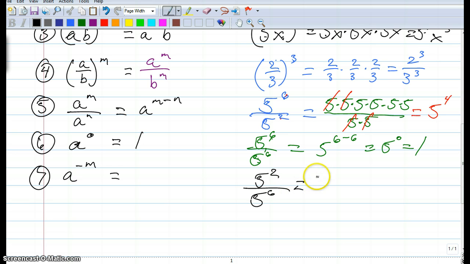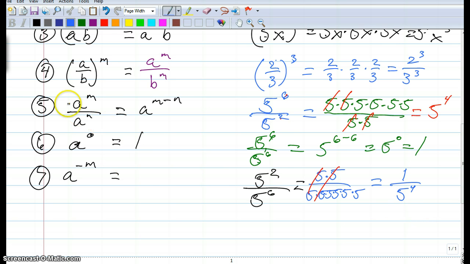Well, let's list them out. What if we had 5 times 5 over, and we got the 6 5s here. 1, 2, 3, 4, 5, 6. The 5s cancel. And I'm left with 4 5s in the denominator, or 5 to the 4th power. Well, what's on top? We got a 1.